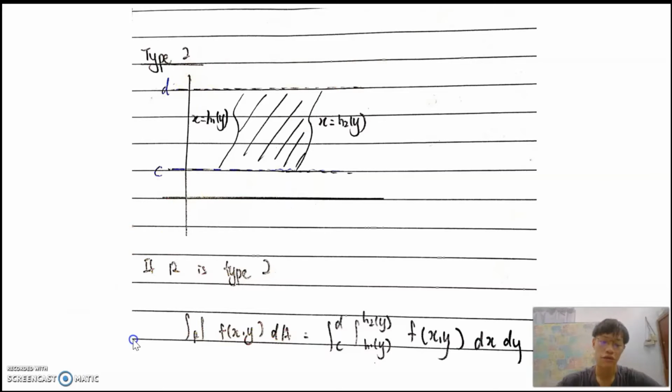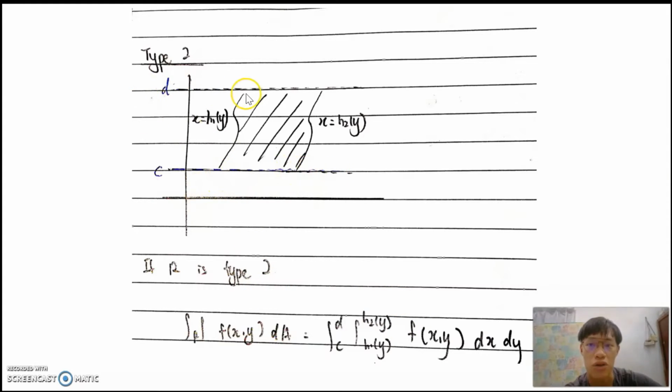If you are going to set up the equations, here is how it's set up. The leftmost curve, x equals h1 of y, would be our lower boundary, and the rightmost curve, x equals h2 of y, would be our upper boundary.